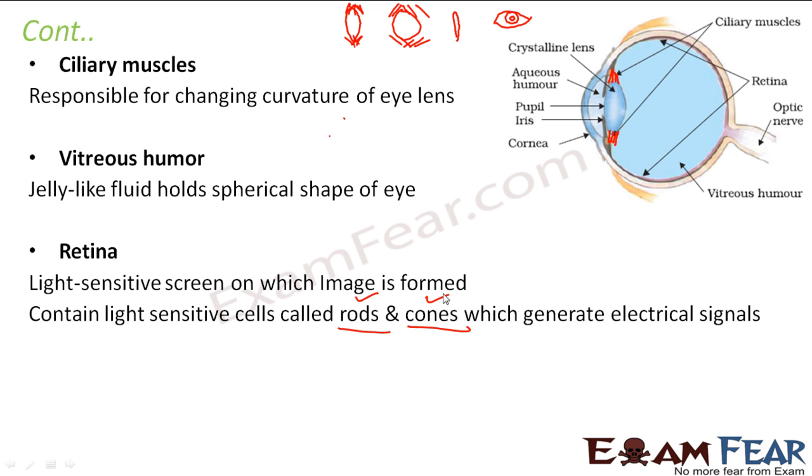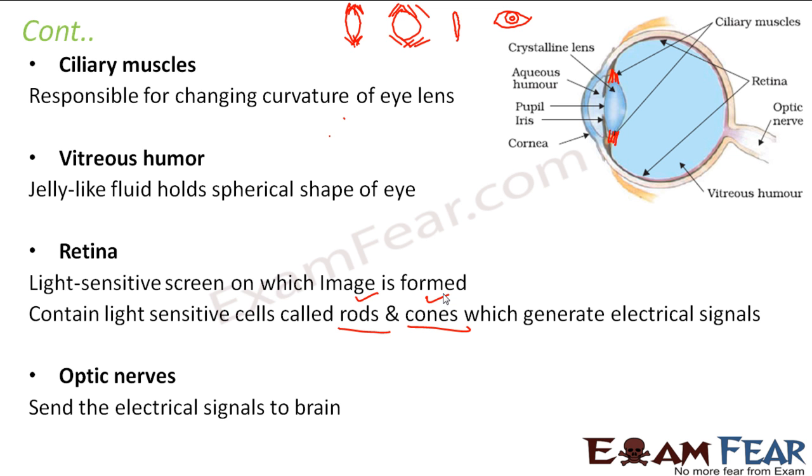These rods and cones generate some electrical signals, and then comes the role of the optic nerves. The optic nerves send these electrical signals to the brain. So what does the brain do? The brain receives those electrical signals, manipulates them, and gives an erect image.